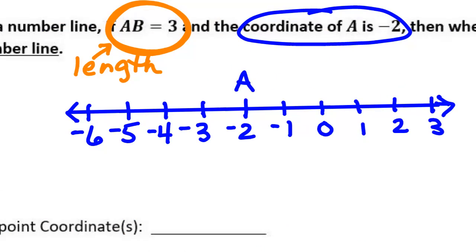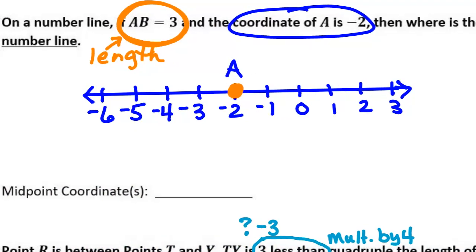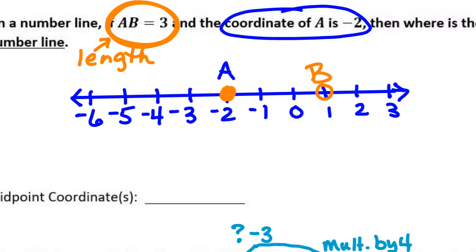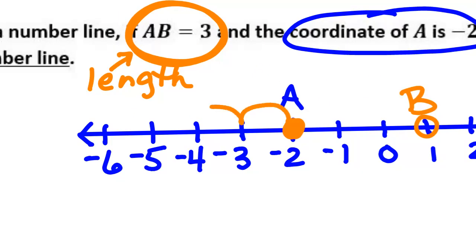Did it say which direction point B was from point A? No. So if it is 3 units, that'd be 1, 2, 3 hops. So point B could be right here. Thank you. Yes, this will all be up on Canvas. Or point B could be 3 hops the other direction. So point B could be over here.